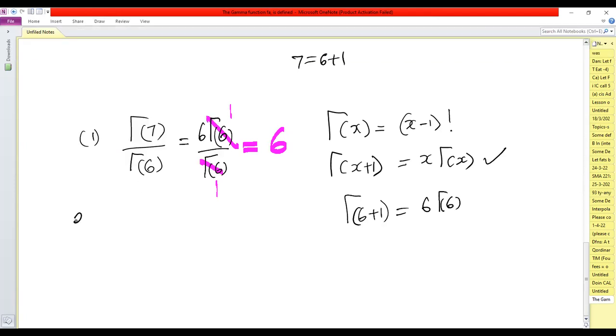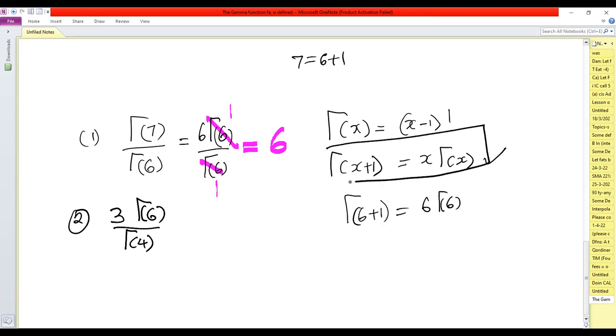And then part 2 of question 1 was to simplify 3 gamma of 6 divided by gamma of 4. We still use this property. So we write this as 3 times gamma of 5 plus 1 divided by gamma of 4.